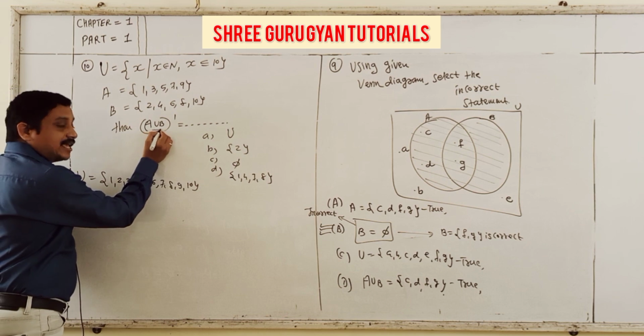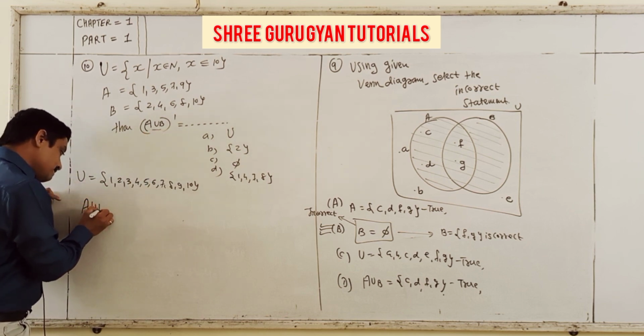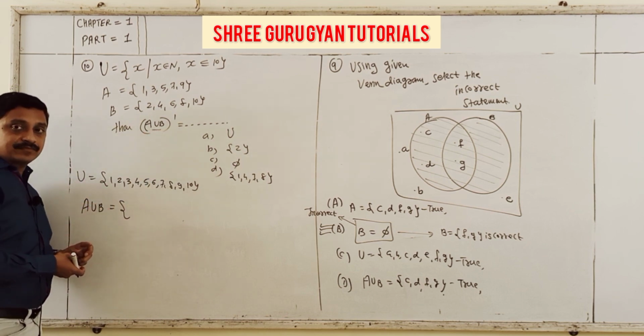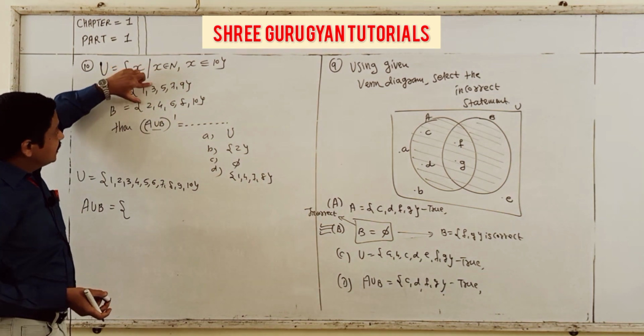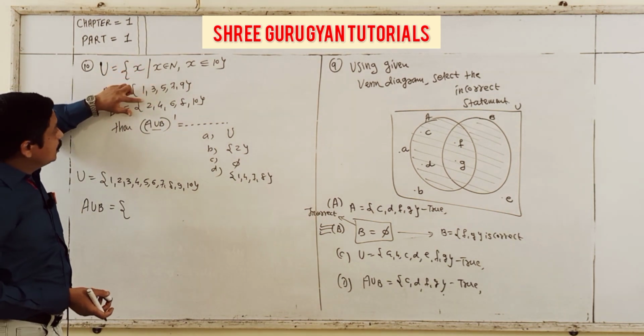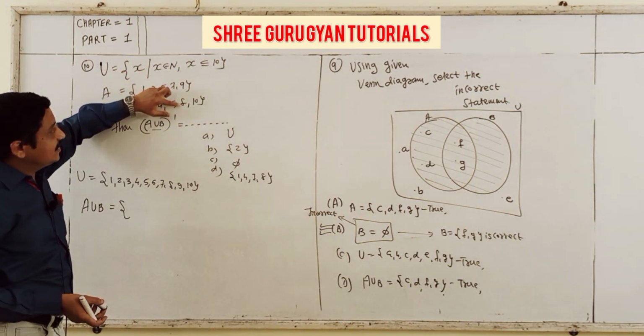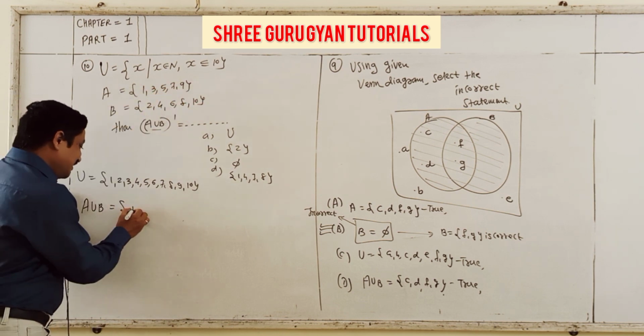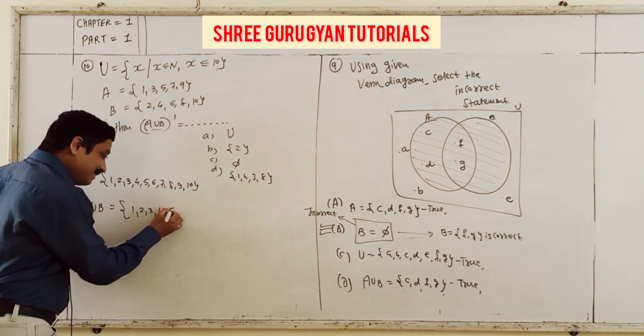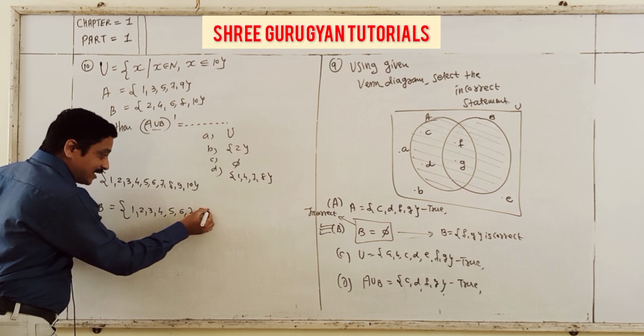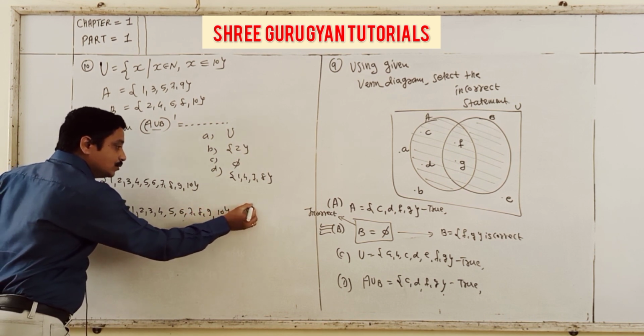And you just say what is A union B? Anybody? This A and this B, both union: 1, 2, 3, 4, 5, 6, 7, 8, 9, 10. It is the universal set, it means U.